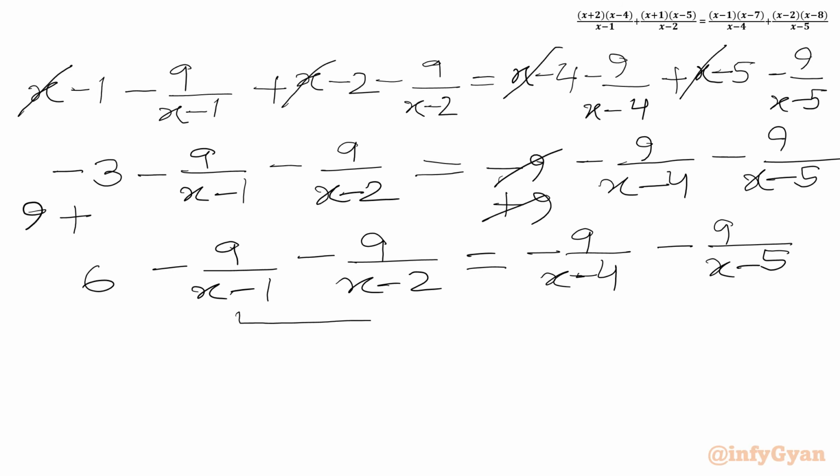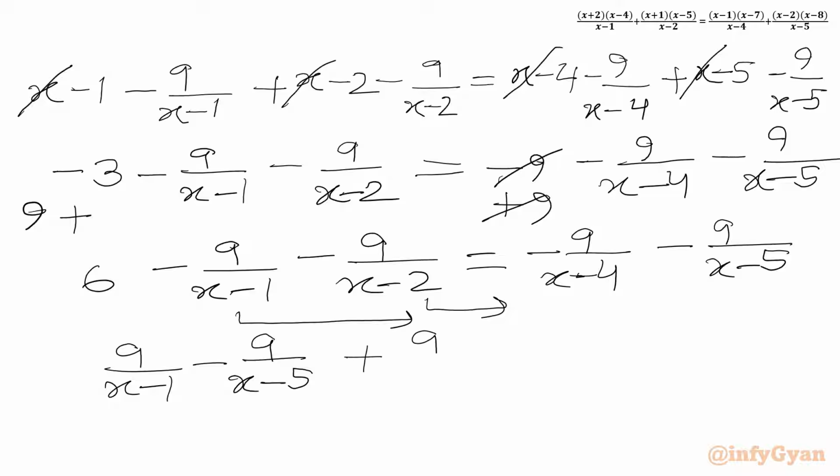Now we are going to take these two terms to the RHS. We will get 9 over x minus 1 minus 9 over x minus 5 plus 9 over x minus 2 minus 9 over x minus 4. This will be equal to 6. Now we can take 9 common from the left hand side, or we can divide both sides by 9.